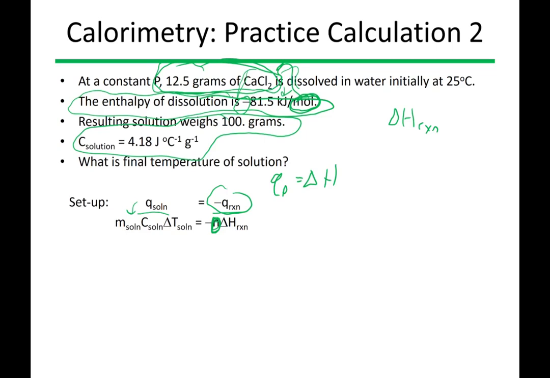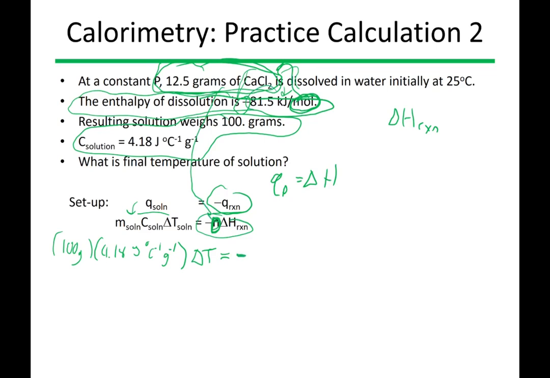In this case, we have our mass of the solution, which we can use here. So that's our 100 grams. Our heat capacity, 4.18 joules per degree Celsius per gram. And our delta T is what we're trying to find. So I'll write that right here. And we have that this is equal to the delta H of this process. So we need to take the moles of calcium chloride times the enthalpy of the reaction.